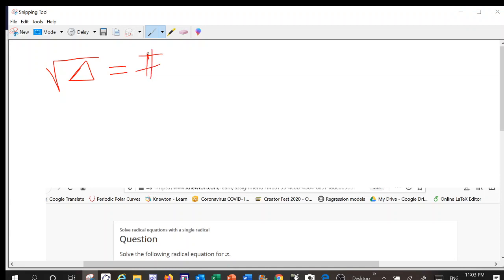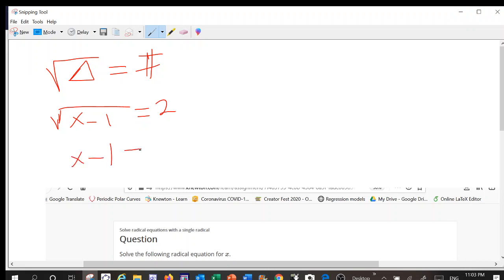This is the simplest one. If that's the case, we could just square both sides and the radical goes away. So for example, if you have the radical of x minus 1 equals 2, just square both sides.